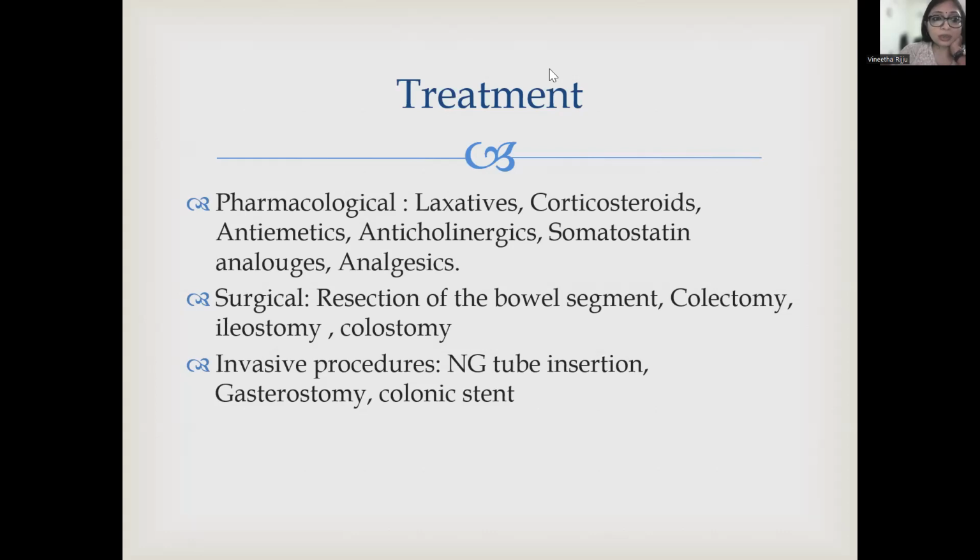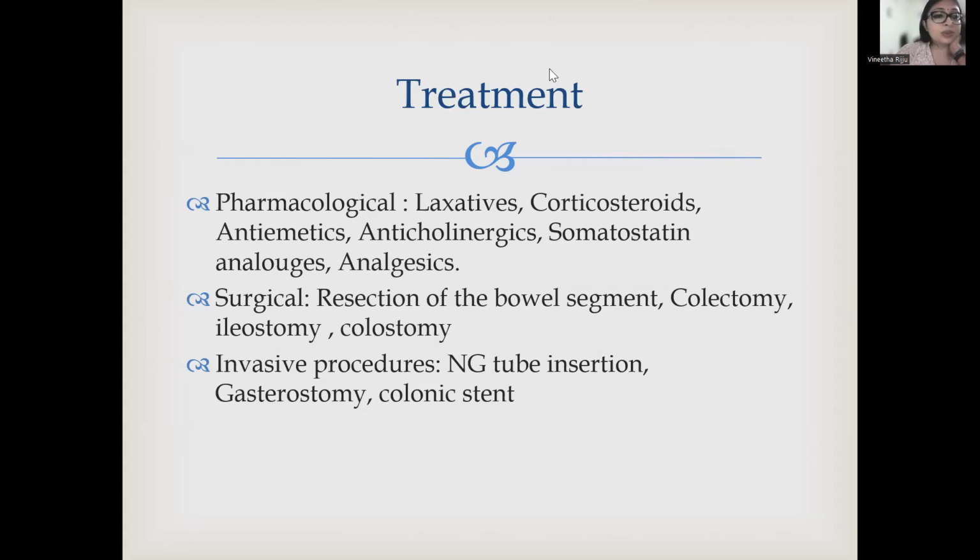So we can go for others like buscopan, like haloperidol, or ondansetron. Again, ondansetron also has some constipatory effect. So you can choose your antiemetics accordingly.